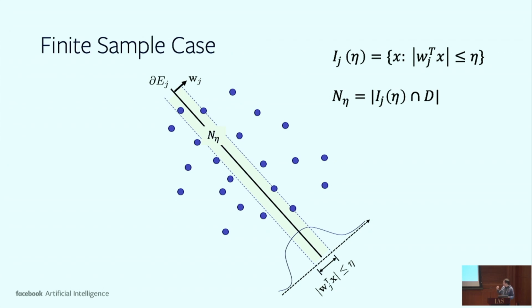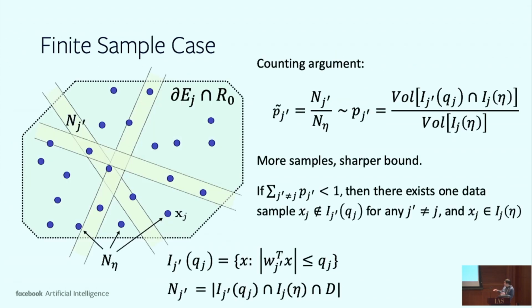So if eta is small, then this amount of samples will be big. But as long as you sample sufficiently large, for example 1 divided by eta, then you're going to have a constant number of n eta within that region. That's the first thing. And the second thing is, I'm basically rotating that so that this plane is facing you.